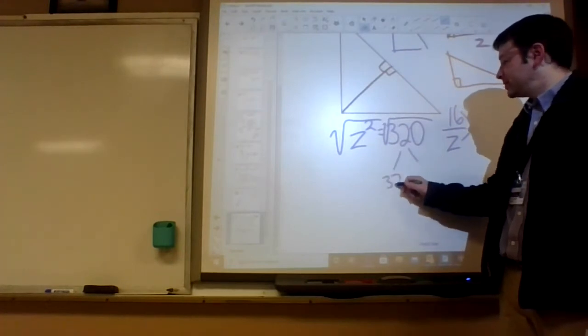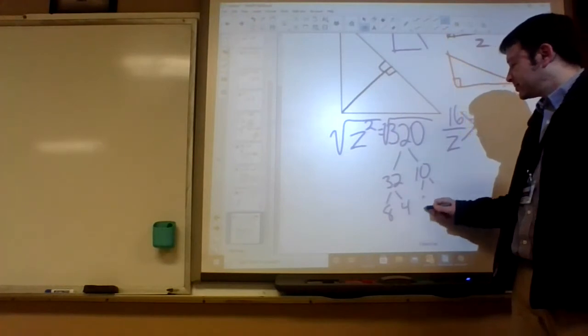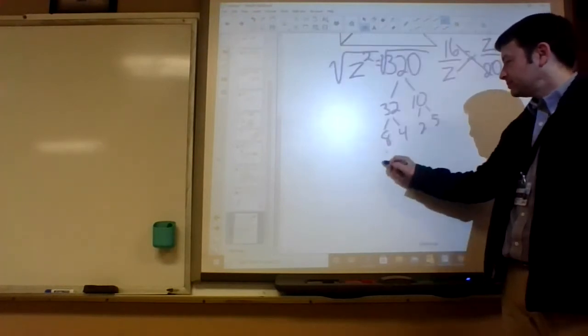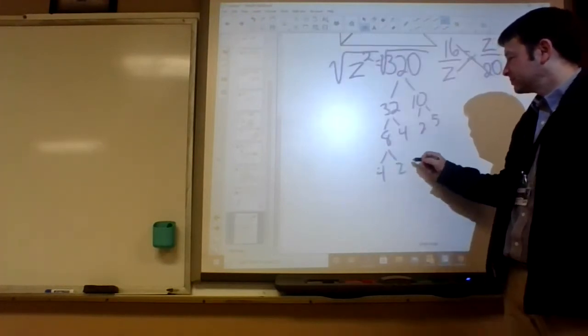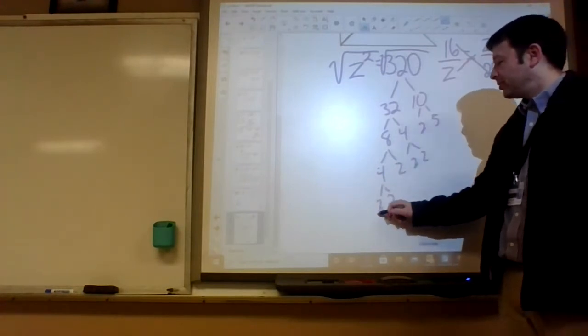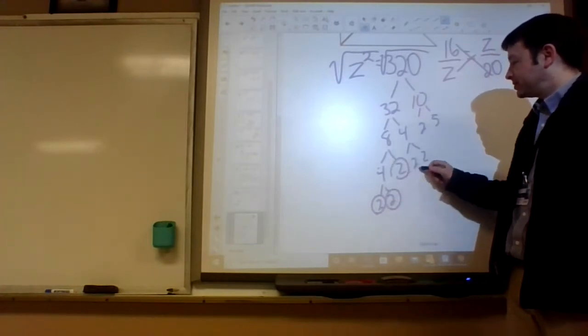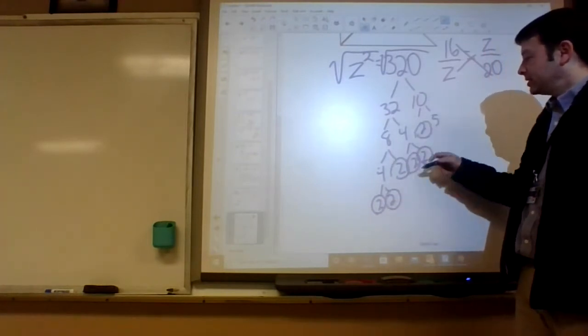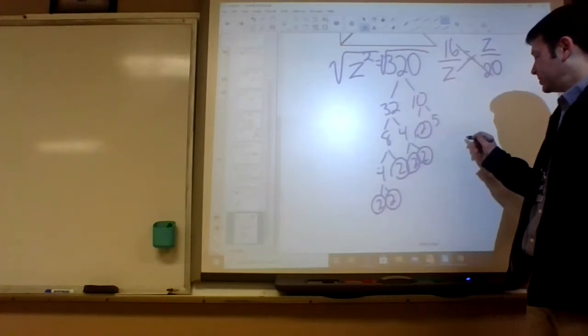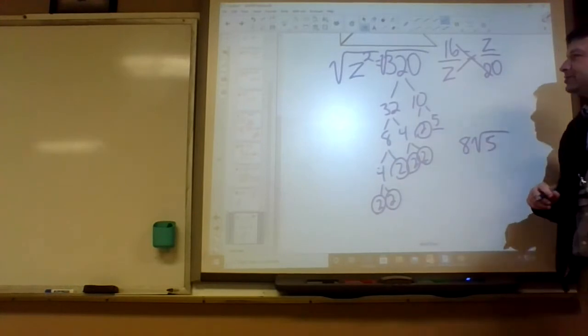Another way to do it without a decimal is this method. All the doubles come out, so a 2 comes out, a 2 comes out, a 2 comes out. 2 times 2 times 2 is 8, and then a 5 is left behind. That's probably the answer the book put.